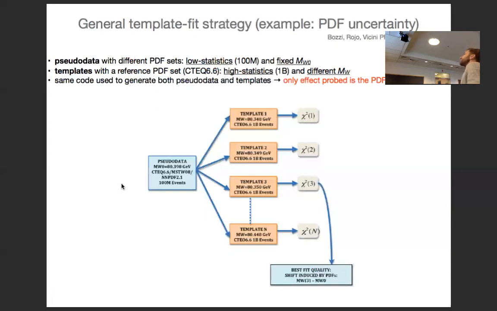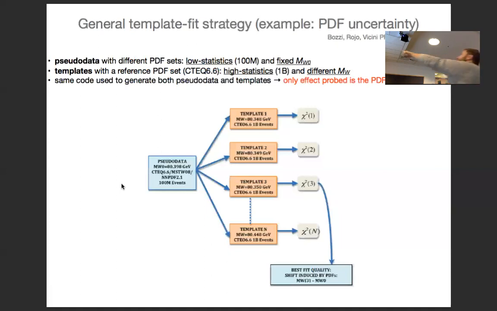And so we produced several templates with the same PDF, CTEQ 6.6, and different values of MW: 80.348, 80.349, 80.350. And then we produced a set of pseudo data with a fixed value of MW, 80.398, and different PDF sets. Then we performed the chi-square between pseudo data and templates.